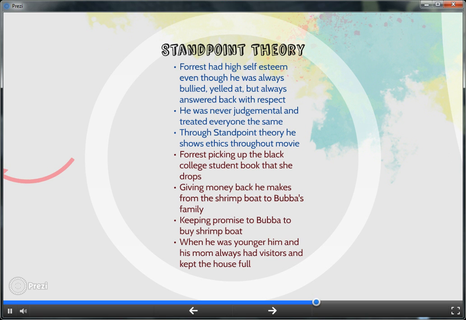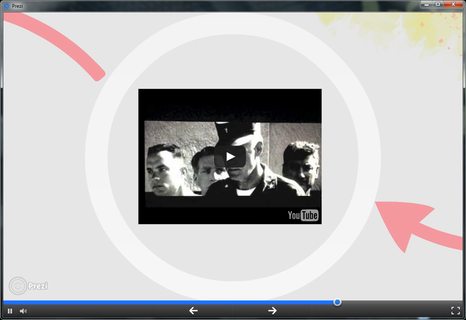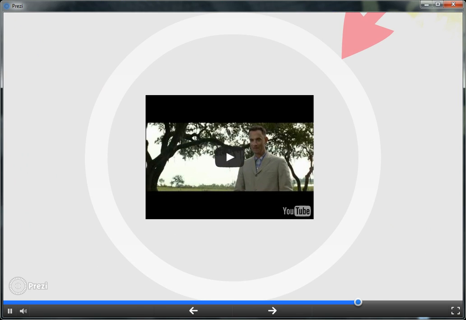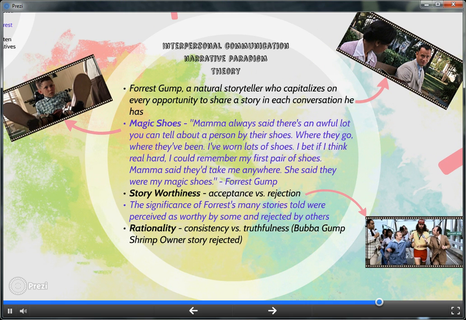On to the next theory, which is narrative paradigm theory. The narrative paradigm is a theoretical framework that views narrative as the basis of all human communication.